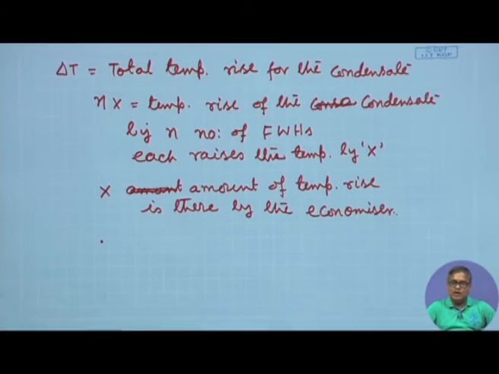Each of the feed water heaters will give x degrees of temperature rise, and then the economizer will also give x degrees of temperature rise. So, assuming this as a thumb rule, one can determine the pressures at which steam can be extracted. The points from where the steam will be extracted, by using this thumb rule, one can determine that pressure.